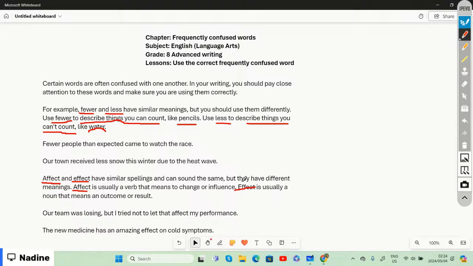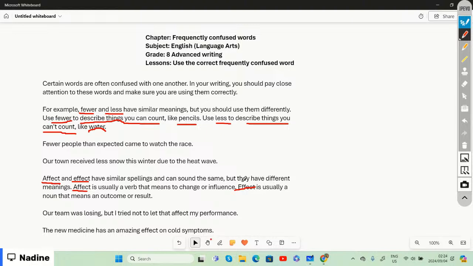All right, and then we also made an example of affect and effect, right? And we said even though effect and affect sound the same, the spellings are similar and they even sound similar, but affect and effect have different meanings.